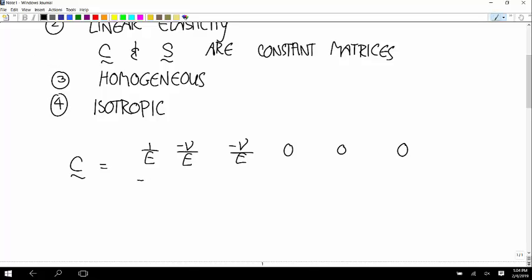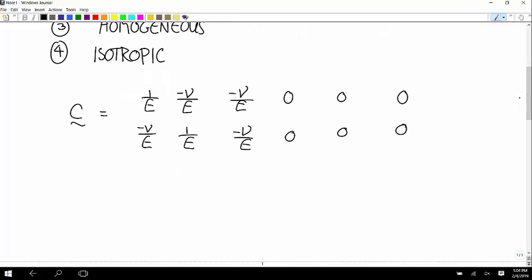And then negative nu over E, 1 over E, negative nu over E, 0, 0, 0. Then negative nu over E, negative nu over E, 1 over E, 0, 0, 0.